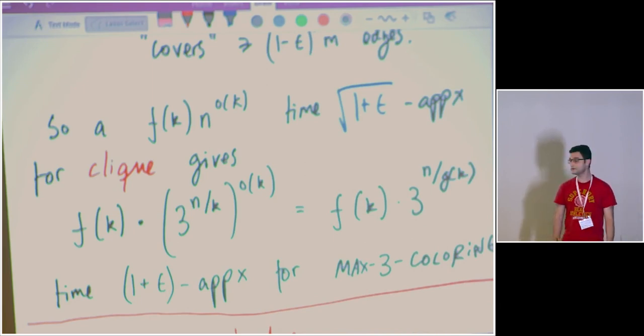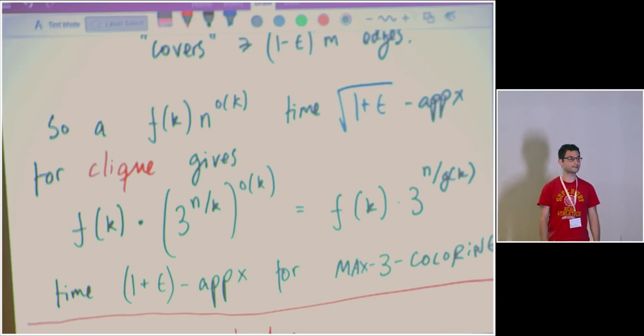Okay, so now we have a 1 plus epsilon inapproximability result for clique. I promised you a constant factor inapproximability for clique.